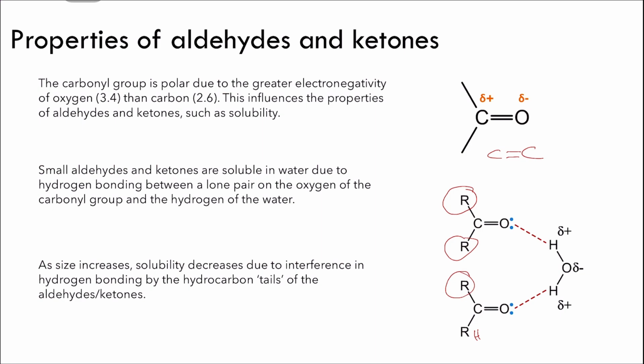As these groups increase in size, they will interfere with the hydrogen bond. So the aldehydes and ketones which are big in size will not be soluble in water like the small size aldehydes and ketones, because the big alkyl chain will affect the formation of the hydrogen bonding with water.